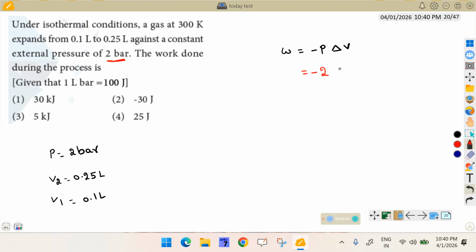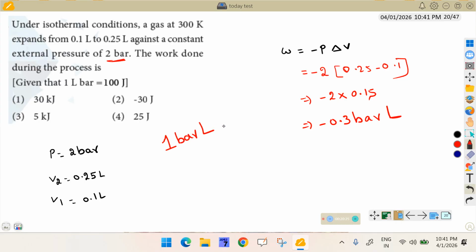Delta V is equal to V2 minus V1, 0.25 minus 0.1, that is equal to minus 2 into 0.15. 2 into 0.15 calculate, then you will get minus 0.3. Pressure is given in terms of bars and volume is given in terms of liters. We know that 1 bar liter is equal to 100 joules.